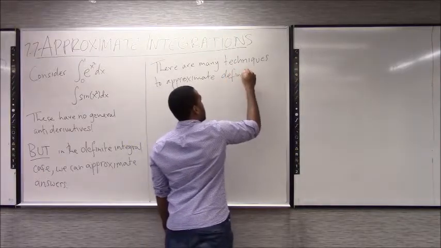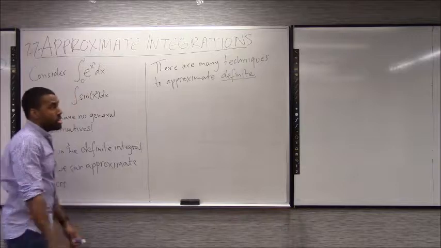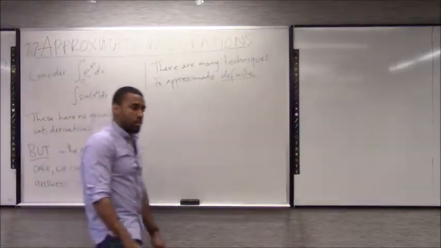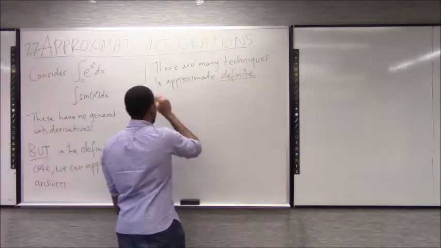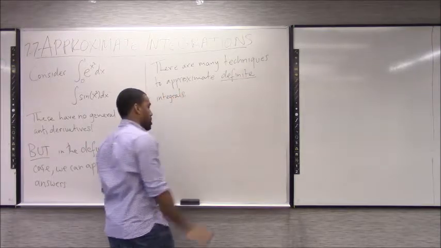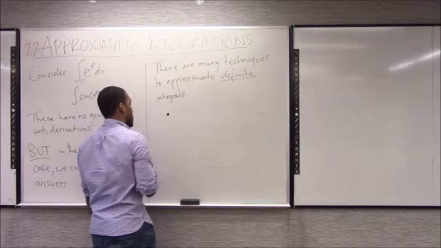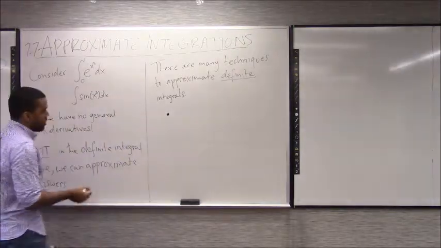So sometimes you cannot find a general antiderivative, i.e. you cannot compute an indefinite integral, but we always have options with definite integrals. In this class, we're going to cover a few of them. They're listed on that handout that I just gave you.